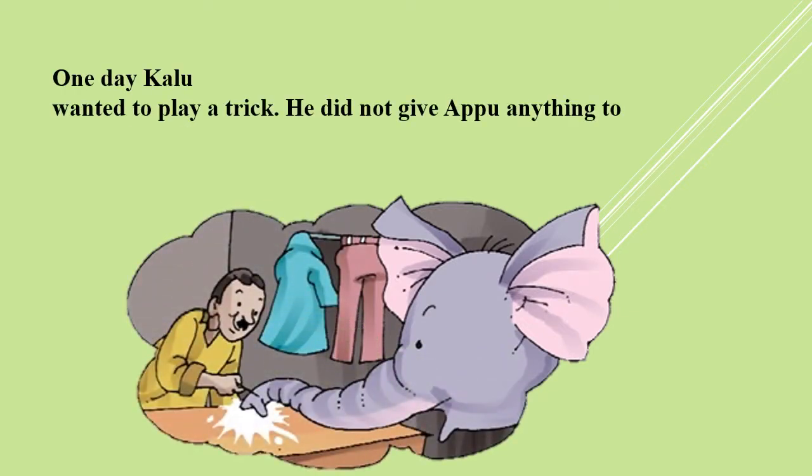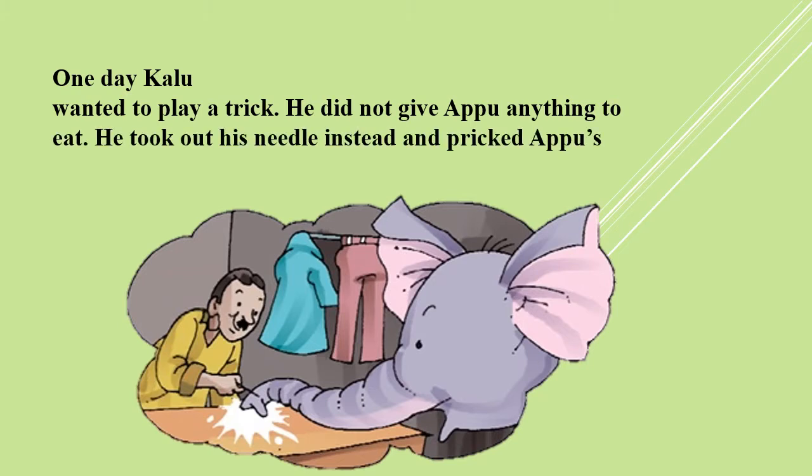One day Kalu wanted to play a trick. He did not give Appu anything to eat. He took out his needle instead and pricked Appu's trunk. Appu ran away in pain.